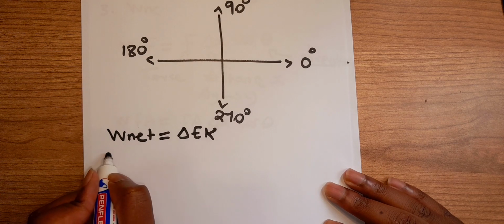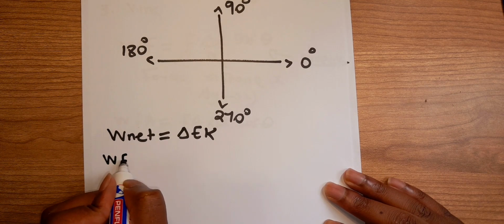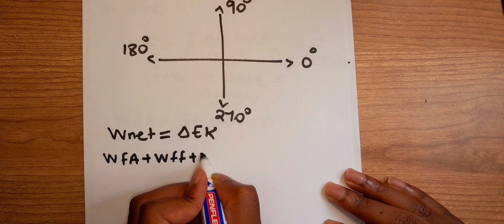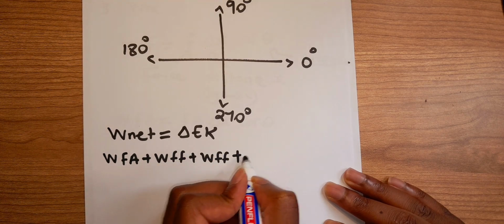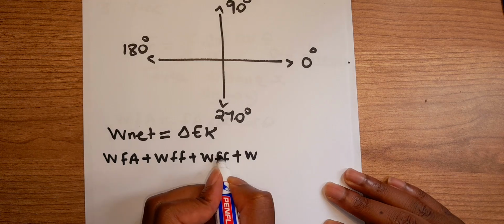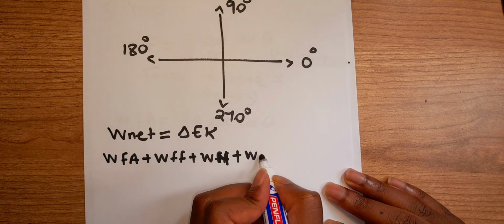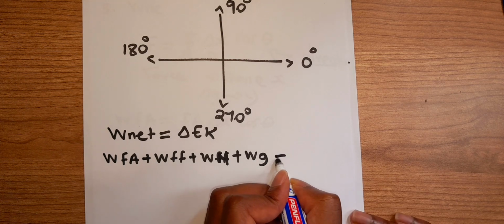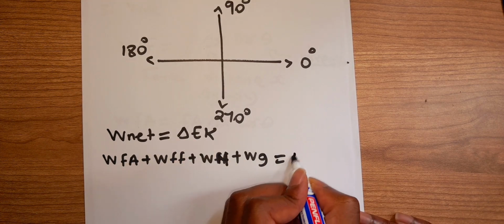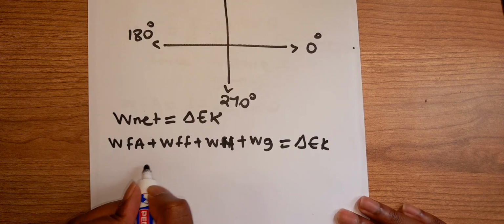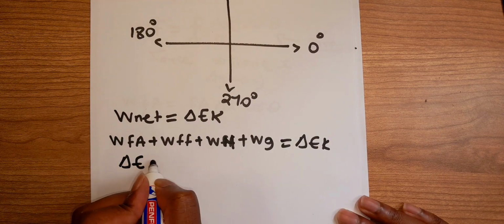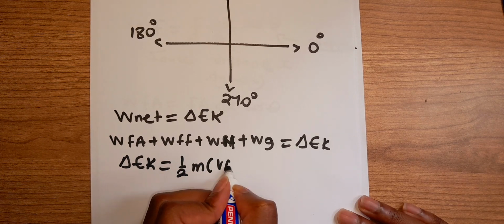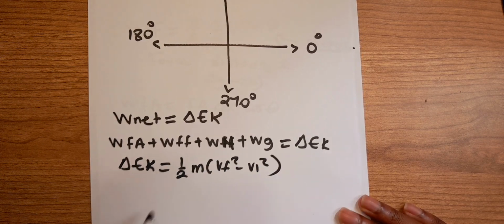In a block, we have the work done by the force applied, plus the work done by friction, plus the work done by the normal force, plus the work done by gravity. That's almost everything, and it equals the change in kinetic energy. And we all know that the change in kinetic energy is 1 over 2 m, v final squared minus v initial squared.